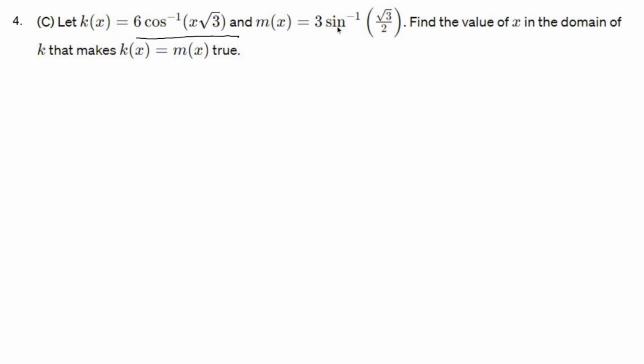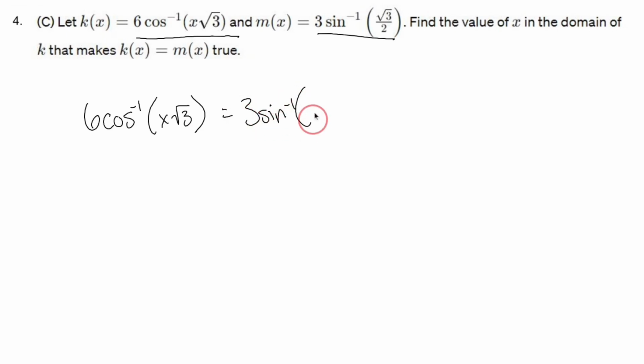Gross. So I've got 6 inverse cosine of x root 3 is equal to 3 inverse sine of root 3 over 2.